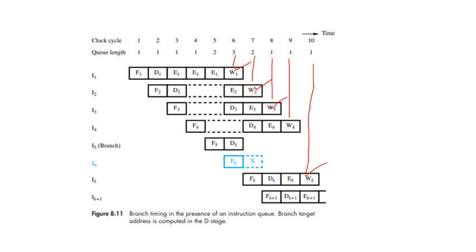I4 also. So the instructions I1, I2, I3 and IK complete their execution in successive clock cycles. Hence, the branch instruction does not increase the overall execution time. This is because the instruction fetch unit has executed the branch instruction concurrently with the execution of other instructions. This technique is referred to as branch folding.